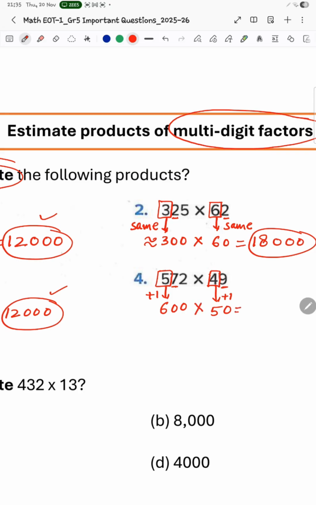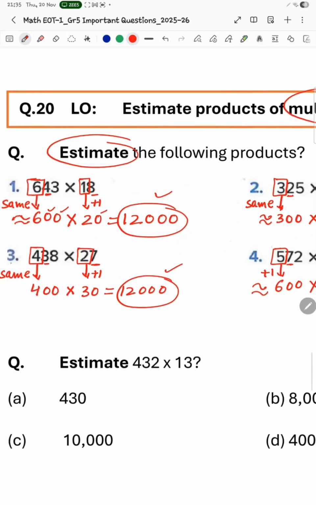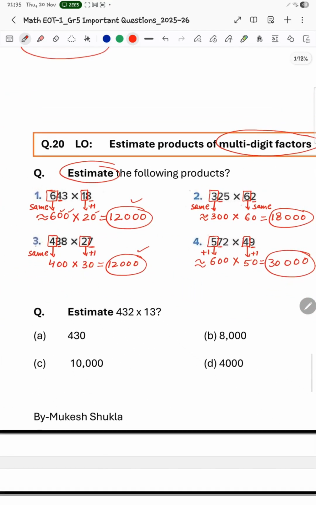So multiply together, you will get 3 zeros I will take first and 6 times 5 will be 30. So this is your estimate. Okay, so these are some questions which are based on estimate.